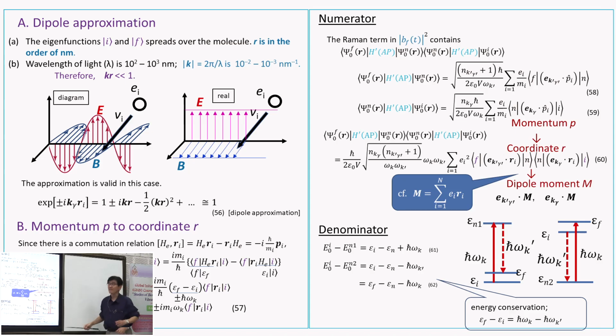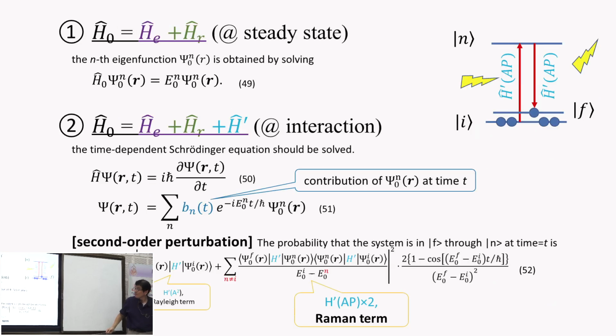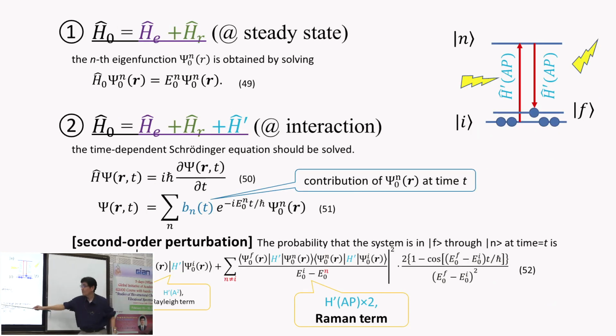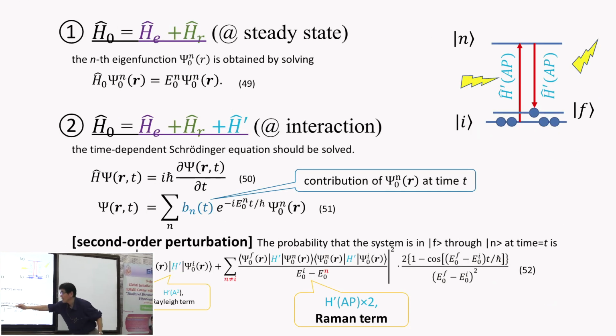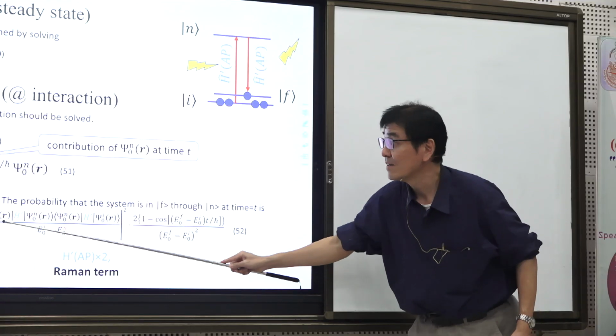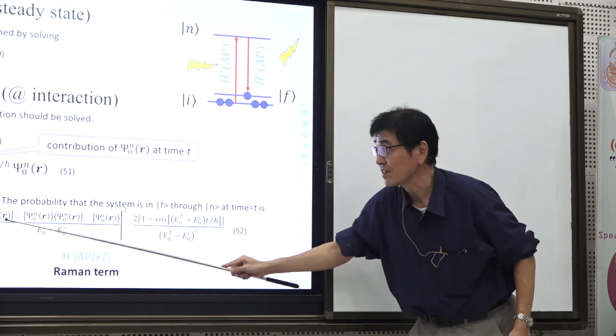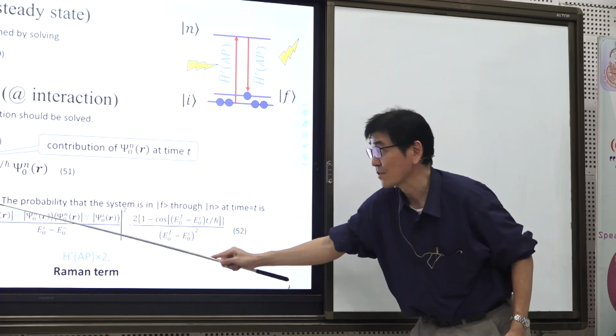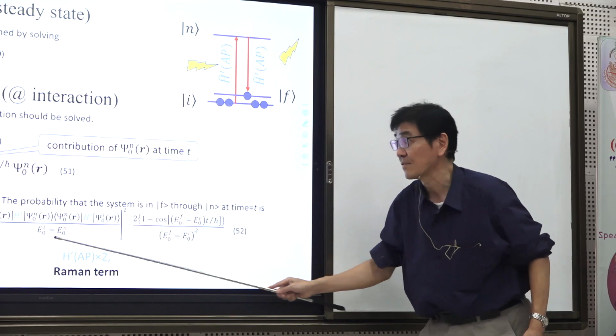Okay, so in summary, we want to derive the equation further, and consideration is done separately for the numerator and denominator.